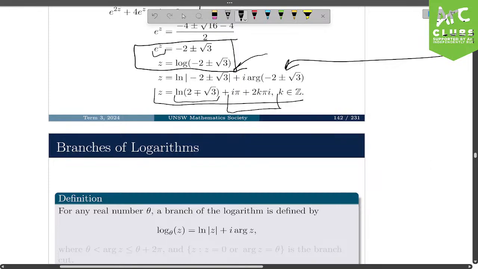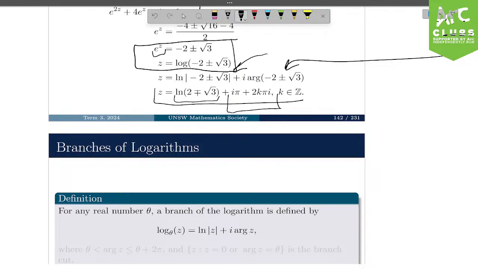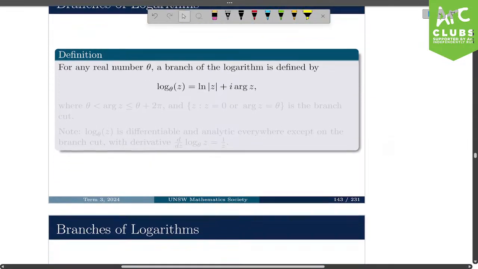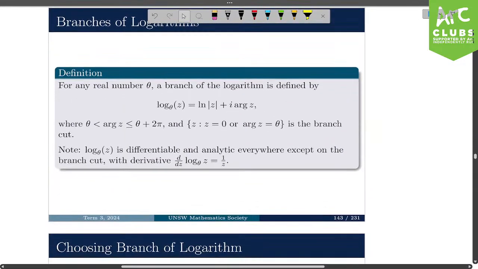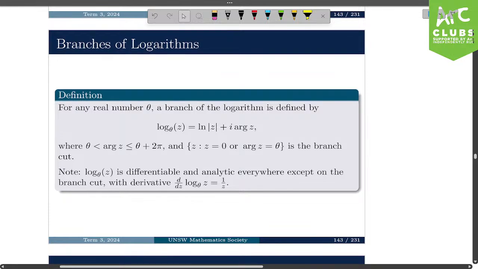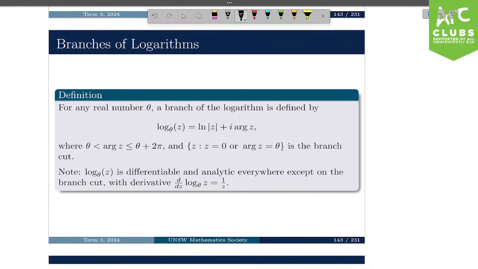Simply because our argument is a multi-valued function, okay? So, doing so, we define our branch cuts. So, if we define some value theta for log theta of z, then we're actually taking our value of the argument from theta to theta plus 2 pi.